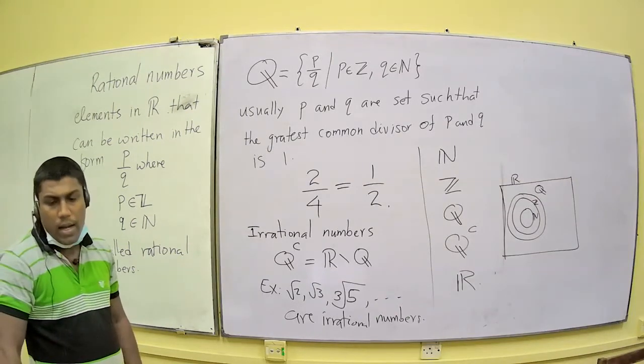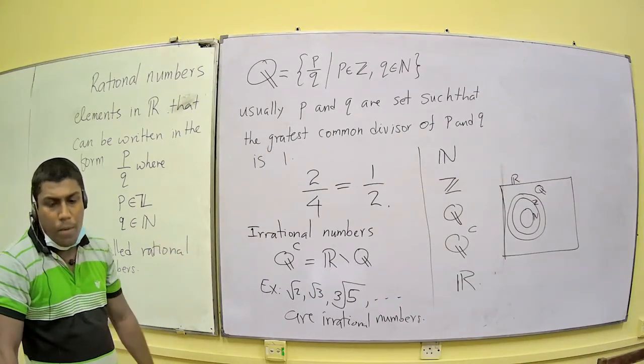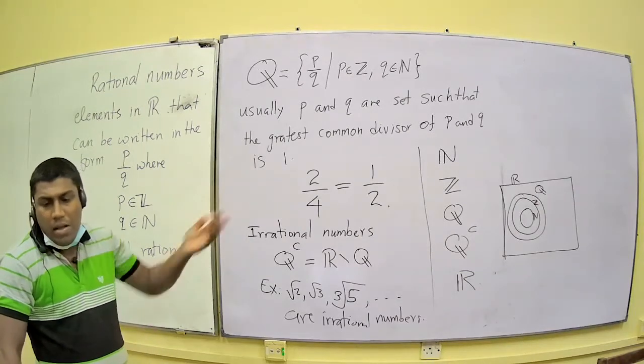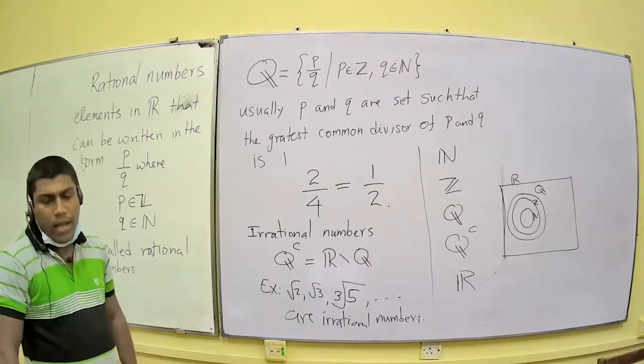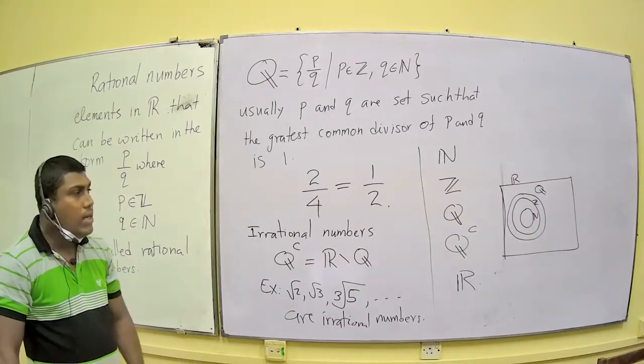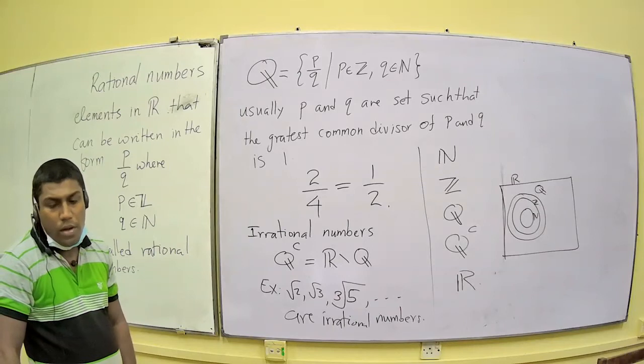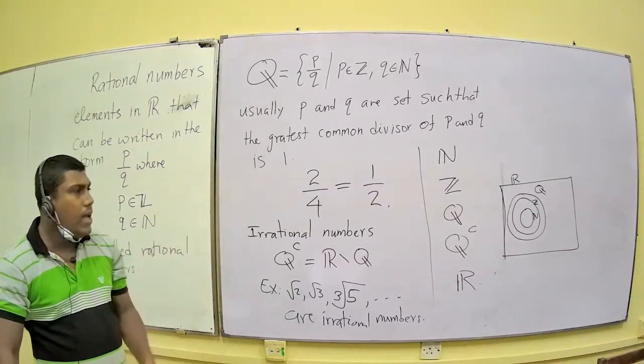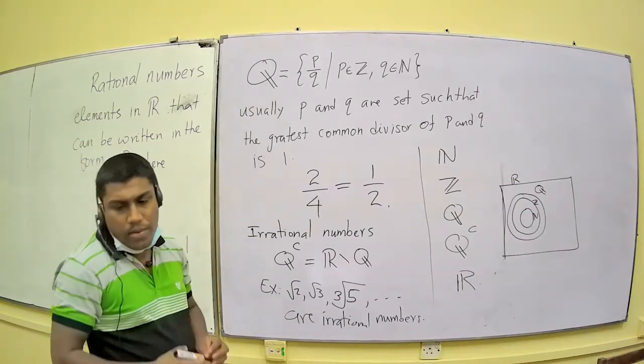So 2 is 2 upon 1. Minus 3 is minus 3 upon 1. Those are also fractions, so integers can be seen as a subset of rationals.